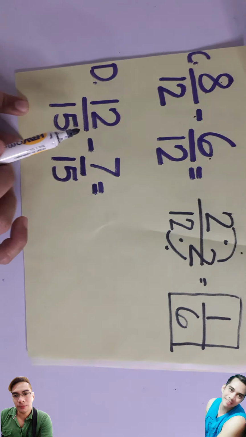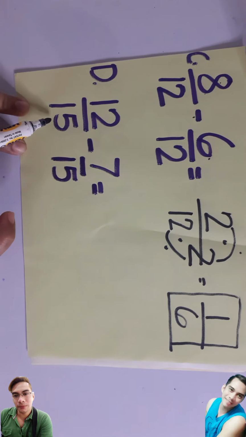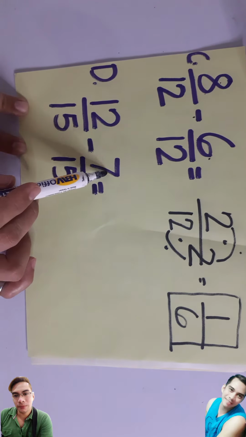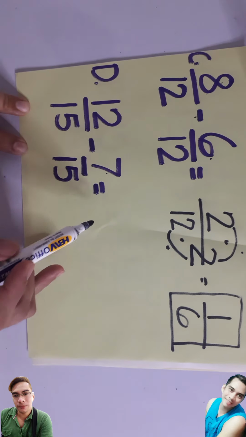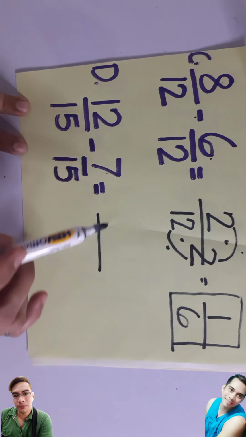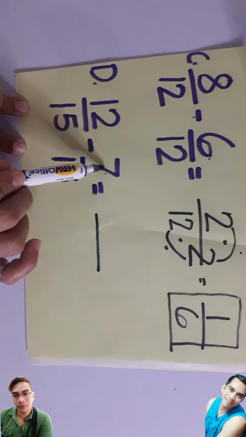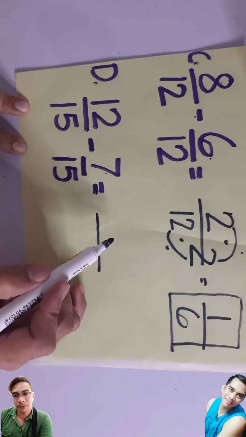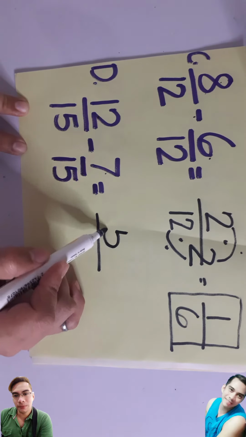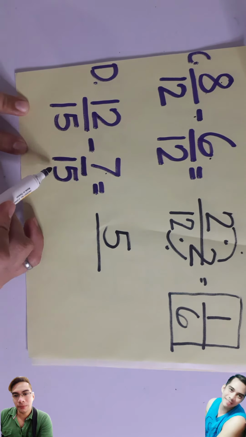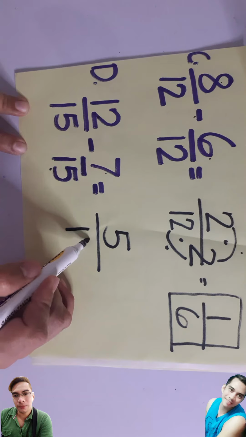Another example, 12 over 15 minus 7 over 15. Minus natin yung taas or numerator. 12 minus 7, the answer is 5. Then, kopyahin natin yung ilalim, 15.